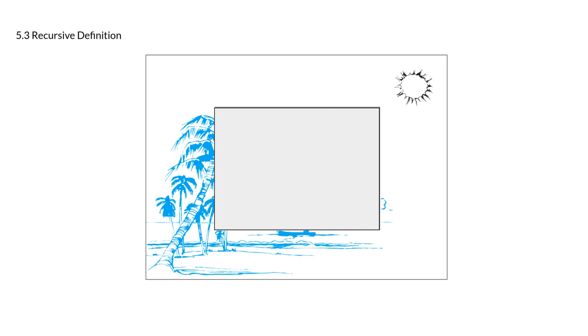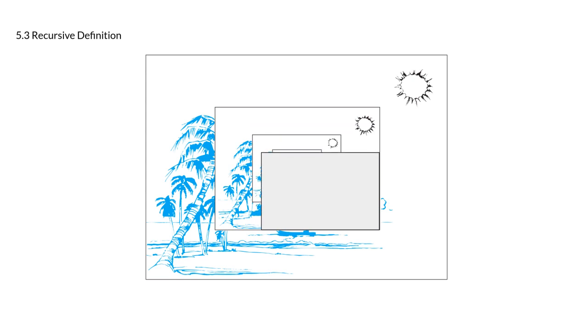Then to define the second picture, you squeeze this one and put it inside the smaller square in the middle. And if you do that, you get this picture. All right. And now again, you squeeze this picture that you have and put it inside this smaller picture. And then you will get something like this.